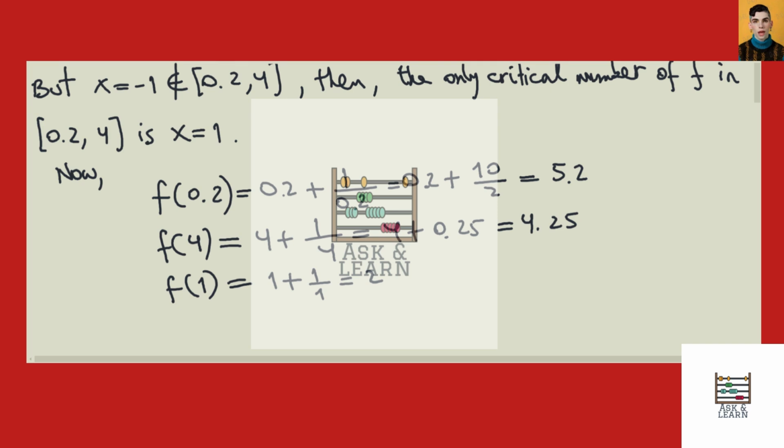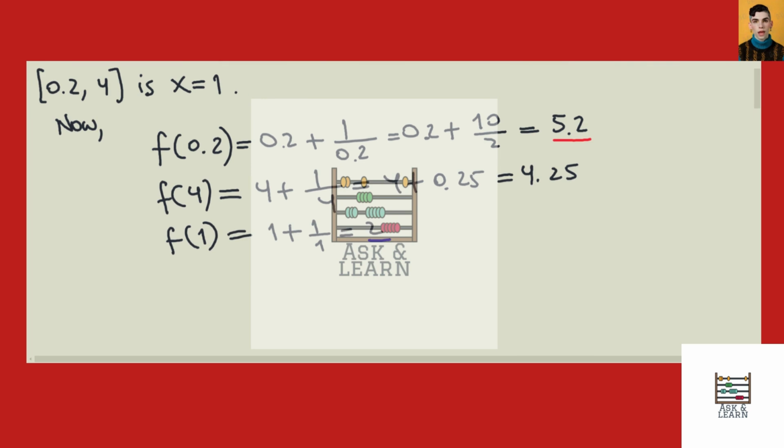And so we can see here that the maximum value of the function over the interval [0.2, 4] will be f at 0.2, which is 5.2, and the minimum value of the function over that interval is 2, attained at x = 1, a critical point.